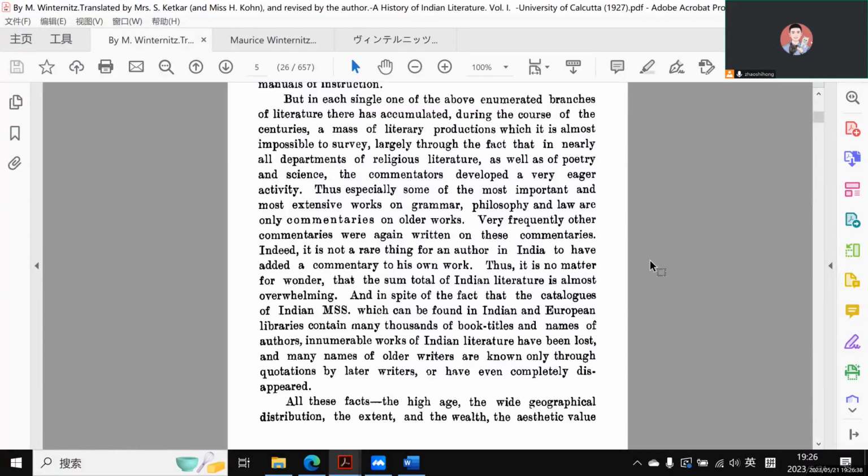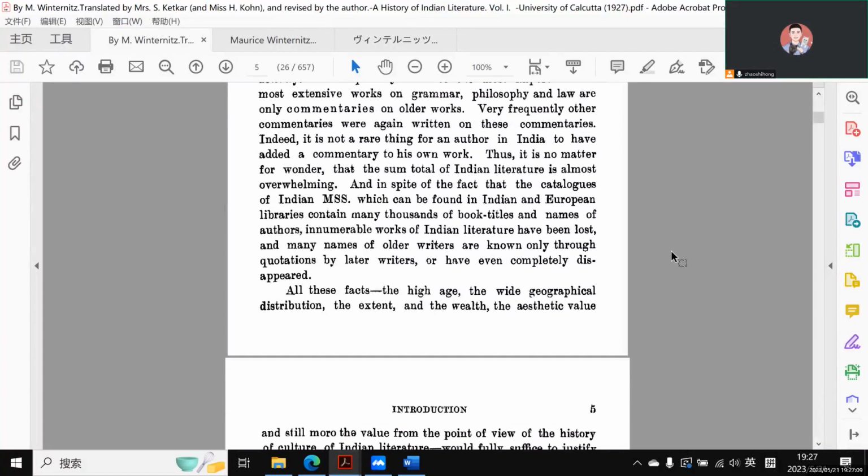Scholars have to collect every possible manuscript from the homes of Pandits or even from museums or libraries, and then decide which one is the most correct or most suitable one, and then we can read the most popular edition of these texts.